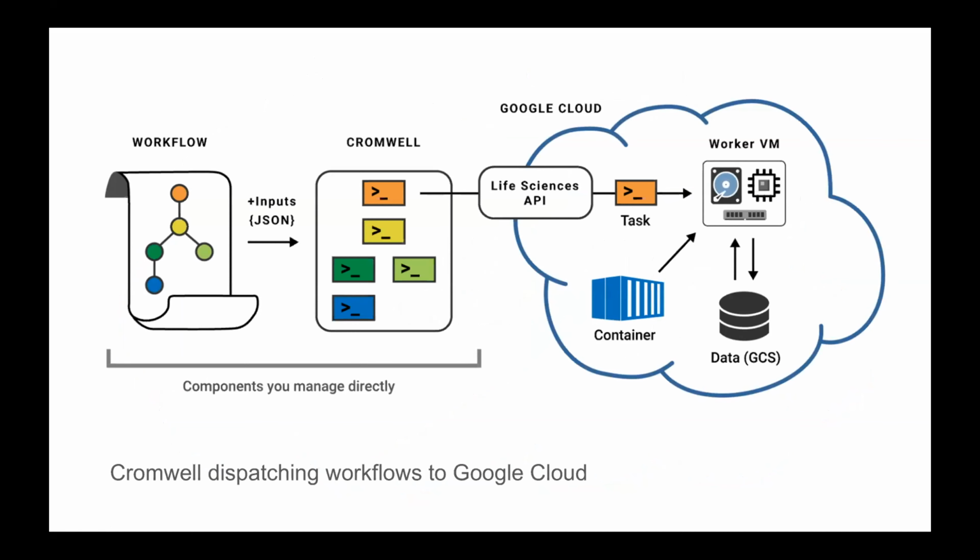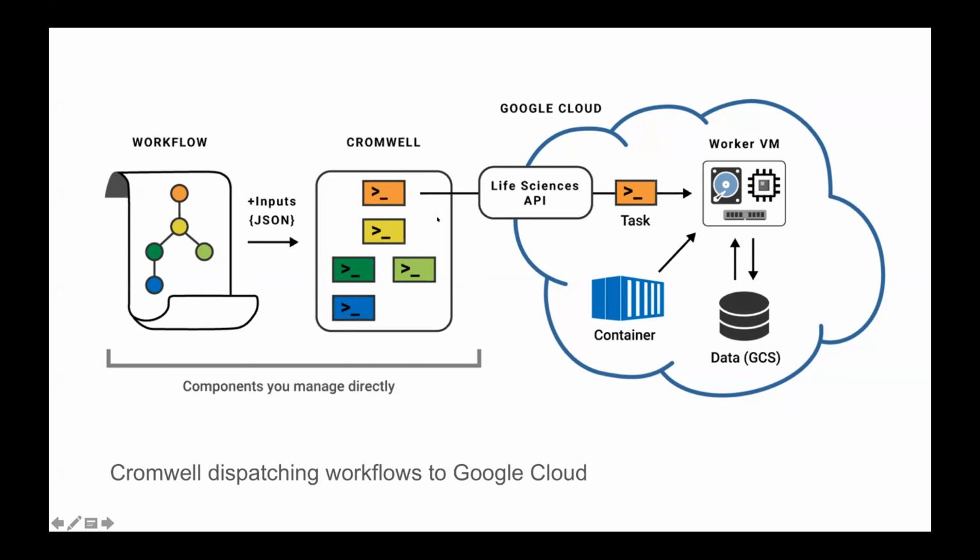Let's start with running workflows. What does it look like for the user? First you have to remember that the workflow management system built into Terra is basically Cromwell. Cromwell is a workflow management system that we also develop that takes in WDL workflows. The workflow describes the work that the user wants to execute, and you provide inputs with JSON.